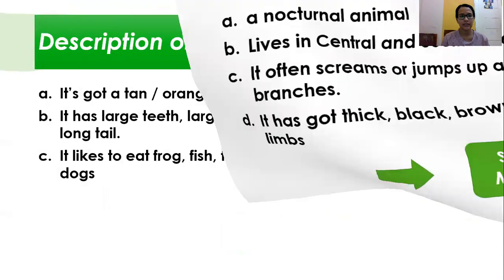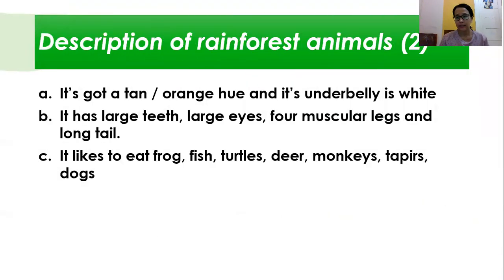Okay, you also can guess maybe from the behavior of the animal, or maybe also from what it looks like. Okay, next try again. It's got a tan or orange hue, and its underbelly is white. It has large teeth, large eyes, 4 muscular legs, and long tail.